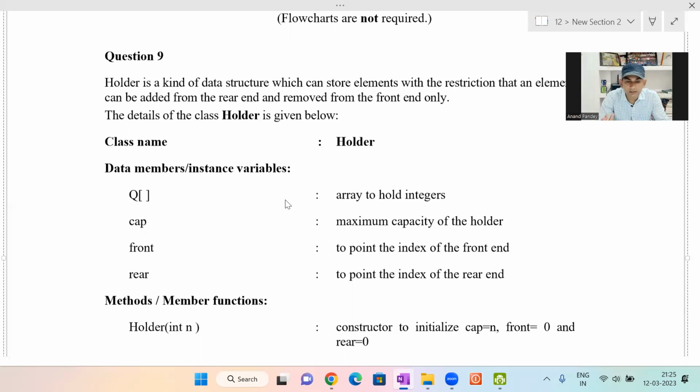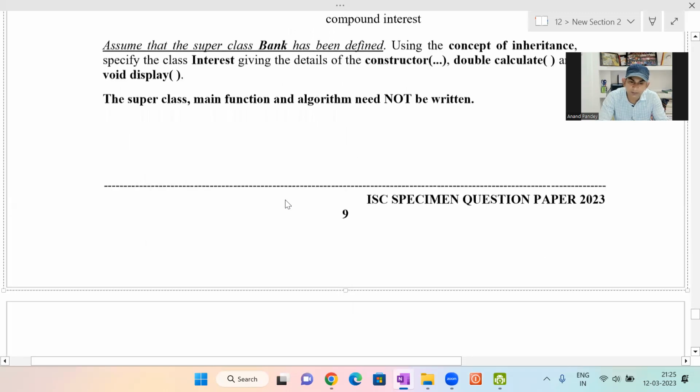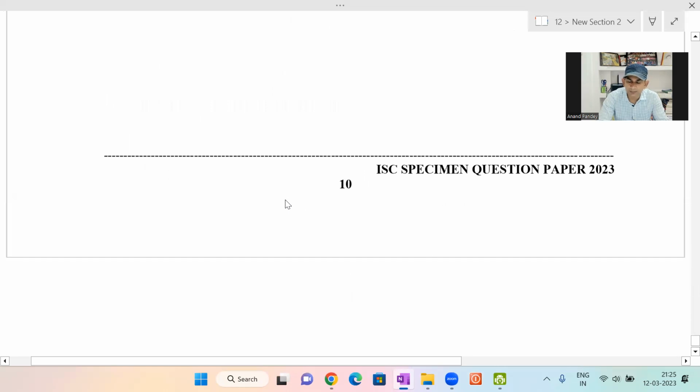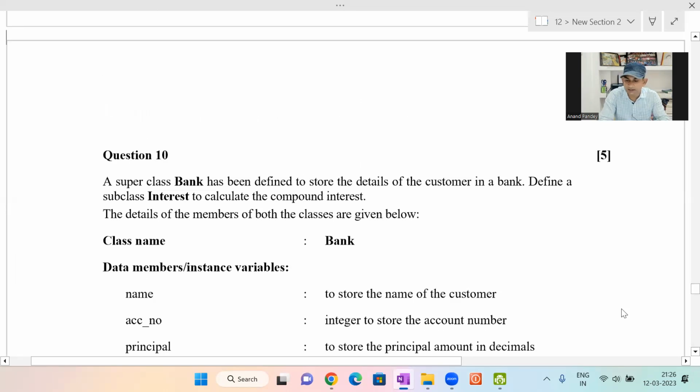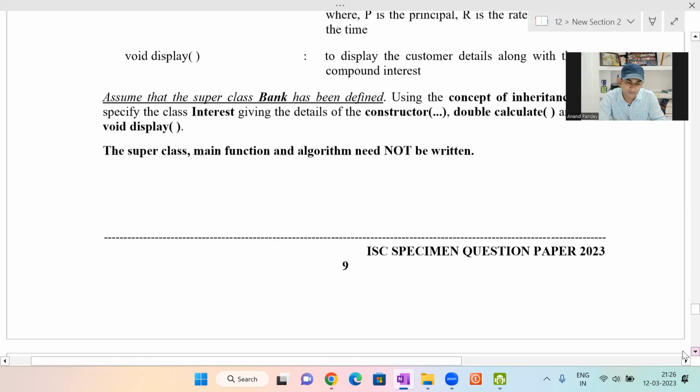Here, one program will be of stack or queue, one question will be an inheritance program, and the third question will have 2 parts, one of linked list and one of binary tree. The binary tree question is very easy, but the linked list question is a little bit difficult.